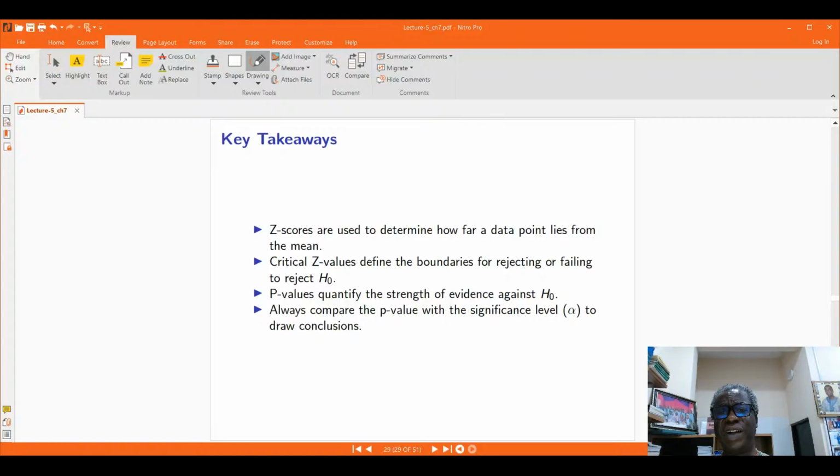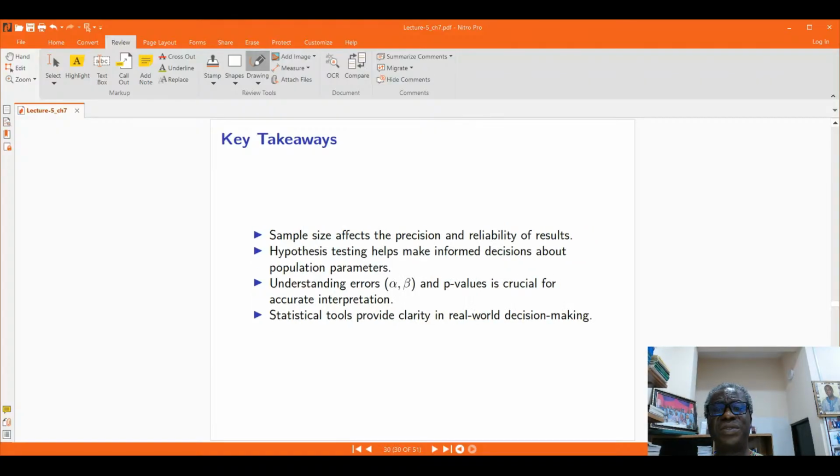The critical values define the boundaries for rejecting or failing to reject. The p-value quantifies the strength of the evidence that we have against the null hypothesis. So we can always compare the p-value with the significance level to be able to draw conclusions.